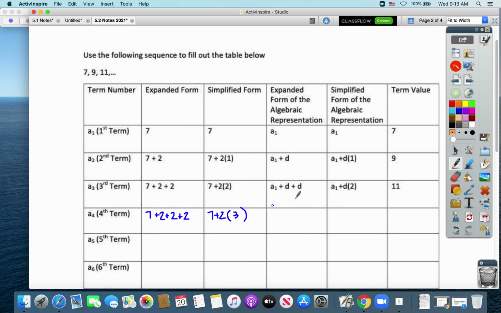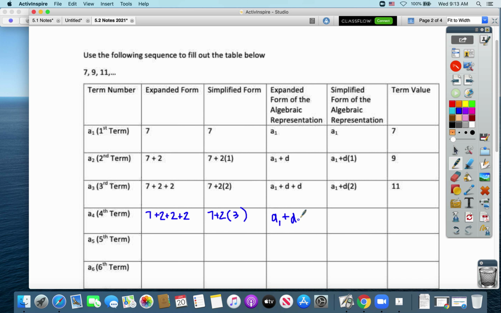And then they generalized it using the variables that we know. So we know a sub 1 represents our first term, and that first term was 7. So each time we were starting with 7, we're really starting with a sub 1, the first term, and then each time we were adding 2, and that's our common difference.